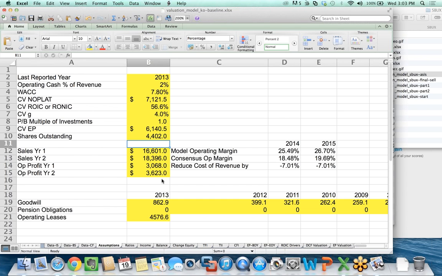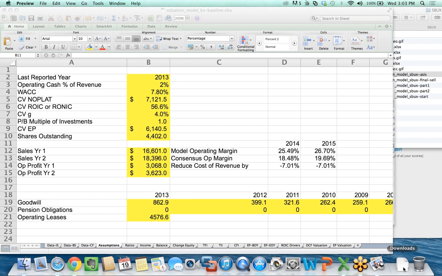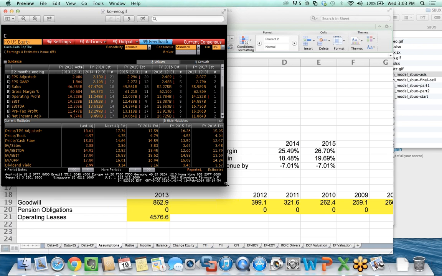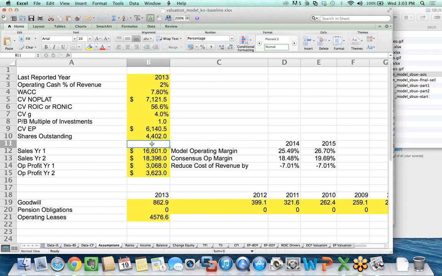All right. Next, I need to put in the consensus data for sales and operating profits for the next 2 years. Obviously, Coke is bigger than Starbucks, so I'm going to get that consensus data from the EEO screen. So sales of Coke in 2014, which is forward year 1, 47,470.